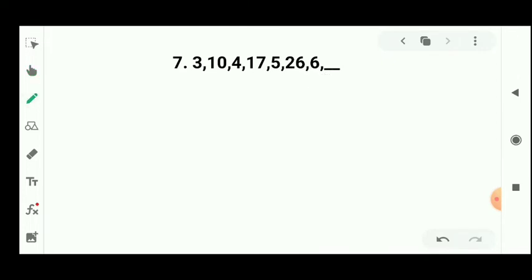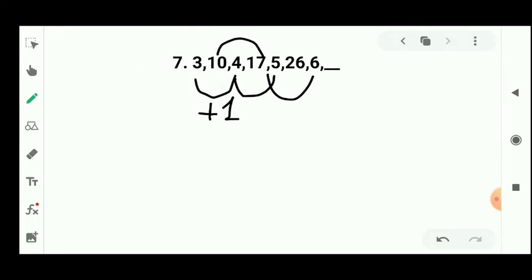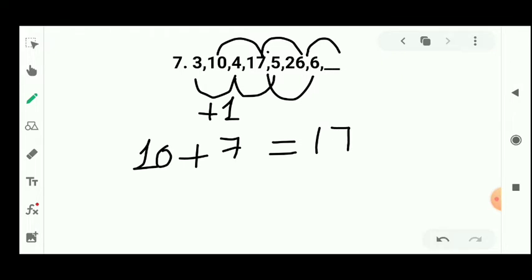That means you have to see these alternate terms: in each and every step, we add 1. Then for the other terms, 10 plus 7 will be 17.